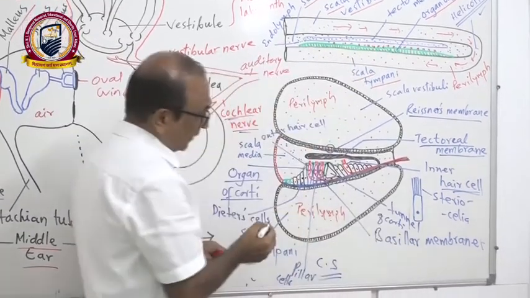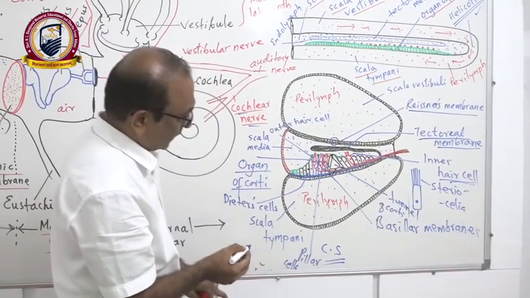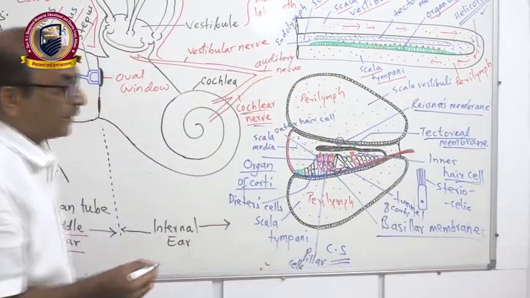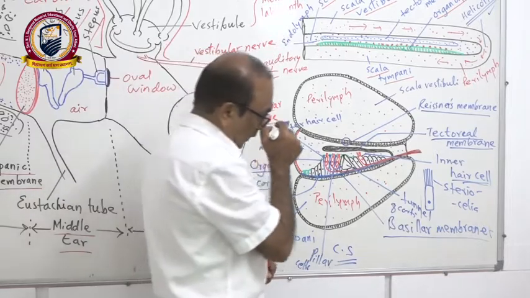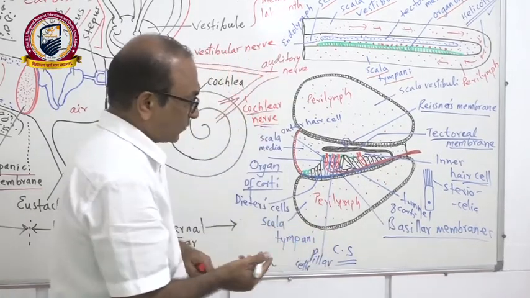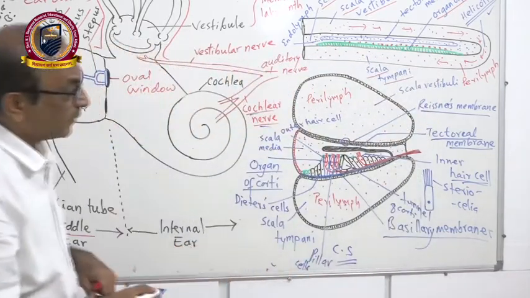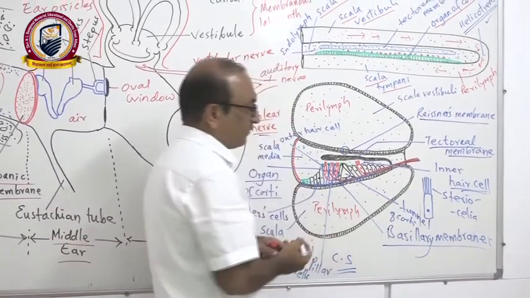And the membrane between the scala media and the scala tympani is called the basilar membrane, or bacillary membrane. This membrane plays a very important role.